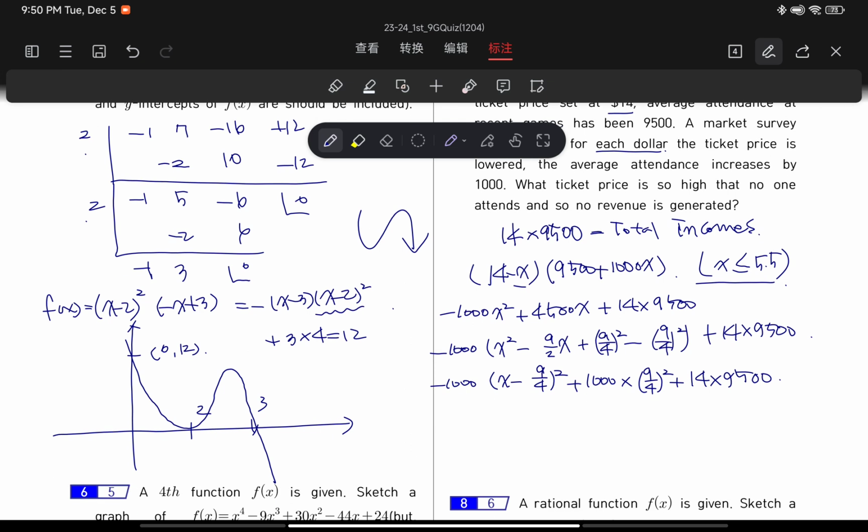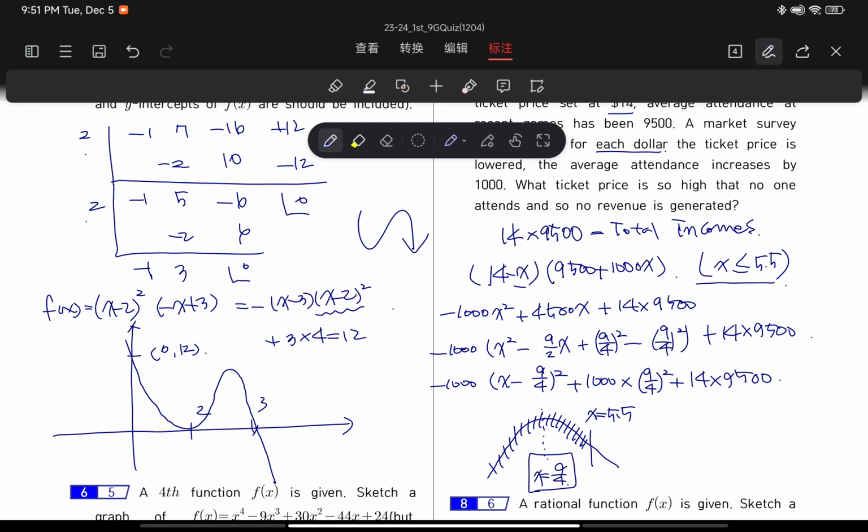Anyway, this quadratic function looks like this. Here is x equal to 9 divided by 4, and x must not exceed 5.5. So this is just a valid quadratic function. The maximum value is at x equal to 9 divided by 4.